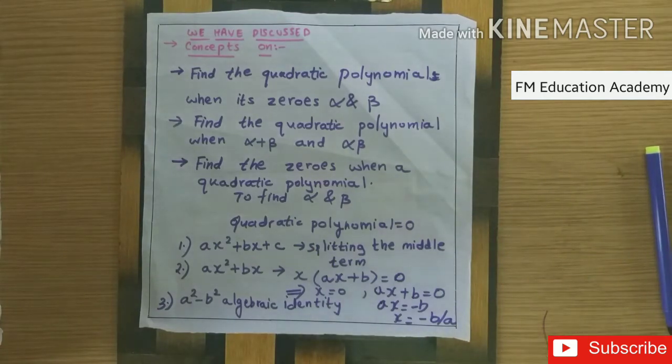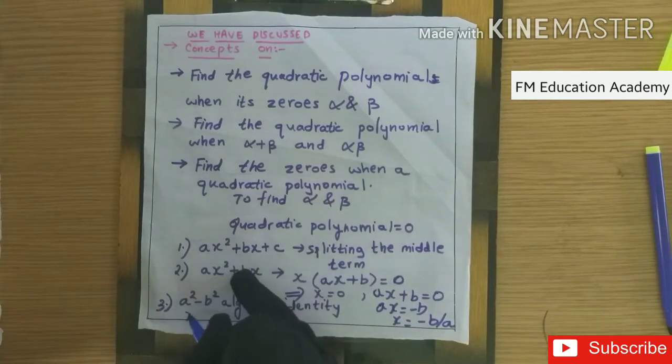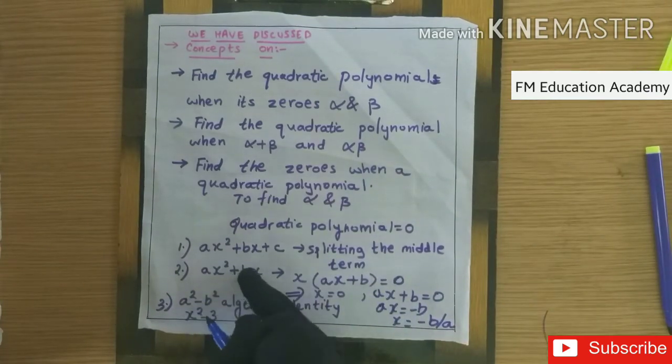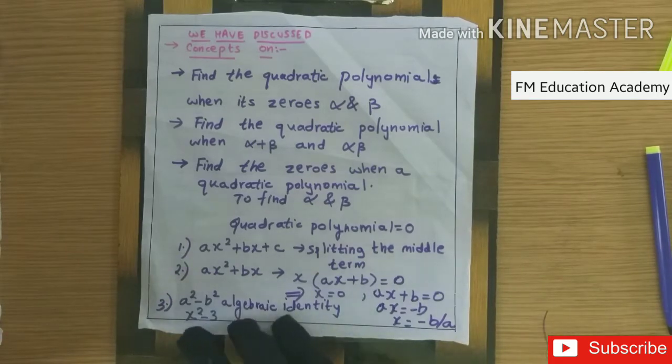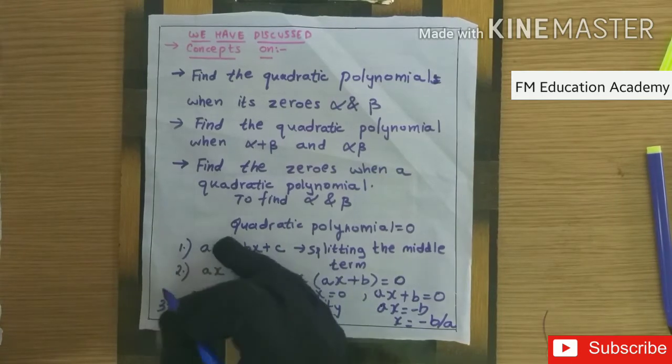The question was to find the zeros when the polynomial was x square minus 3. You can go and check. So x square minus 3 is of the form a square minus b square. Why? Because x square minus 3 can be written as x square minus root 3 whole square. Go and check the whole procedure. So this form we have done.